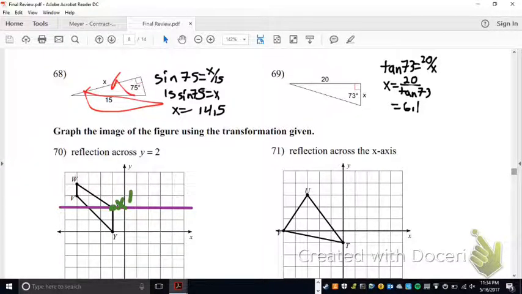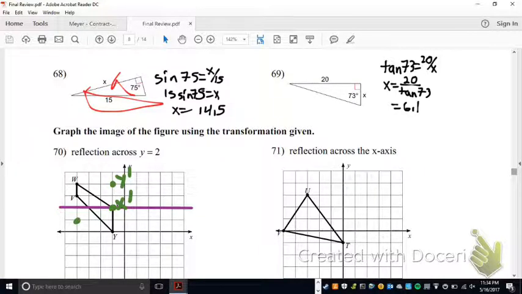We know that y equals 2 is a horizontal line, so anything perpendicular to it is going to be vertical. Y and Y prime need to be equidistant, that is equally far away from the line y equals 2. Y is 2 below the line, so Y prime is going to be 2 above the line.